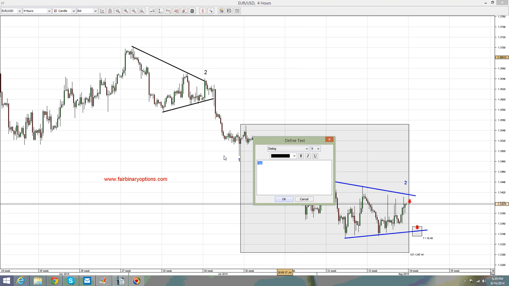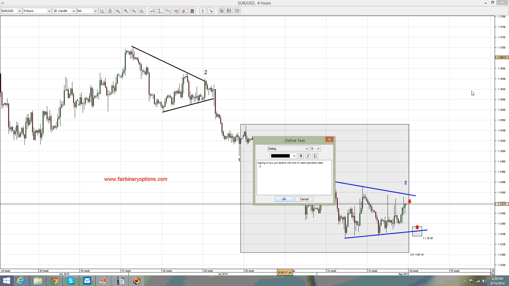So let's write here on the screen that we are looking to buy put options with end of week expiration date, in two instances.